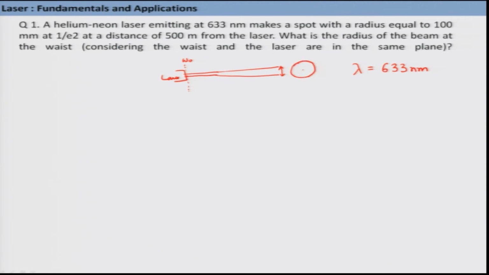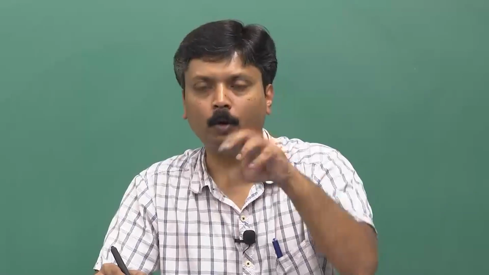Now the beam will not be equally intense all over the place. If I take a cross section of the beam, it is probably going to look like this, if it is a TEM00 mode, like a Gaussian. The intensity decreases from the center point: from highest intensity at the central point, it decays down as you move toward the outer side of this circular spot.